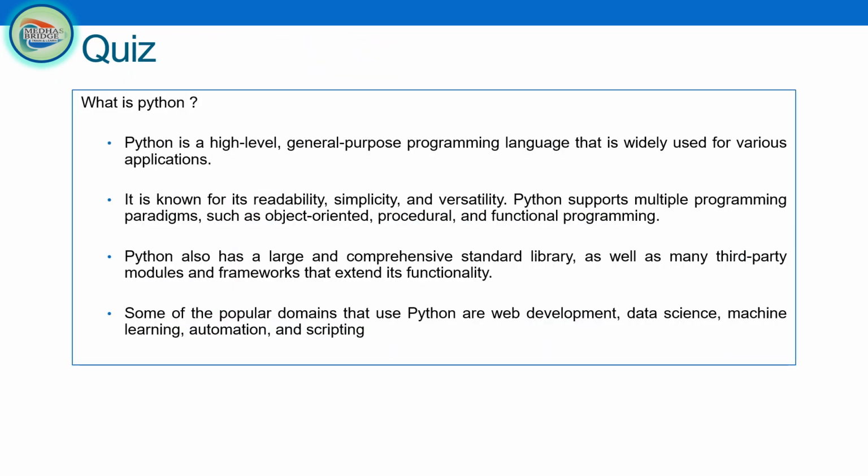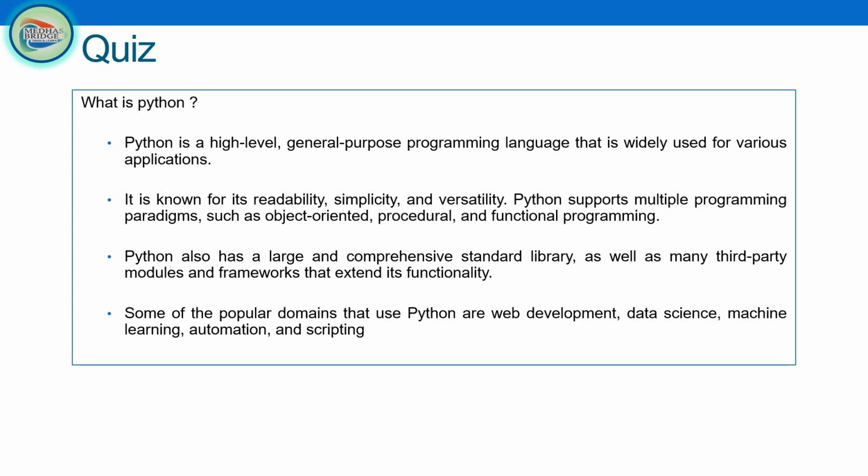Now it's quiz time. What is Python? Python is a high-level general-purpose programming language that is widely used for various applications. It is known for its readability, simplicity, and versatility. Python supports multiple programming paradigms such as object-oriented, procedural, and functional programming.